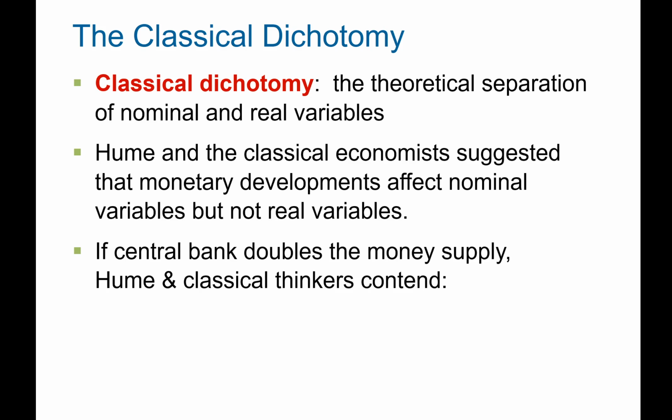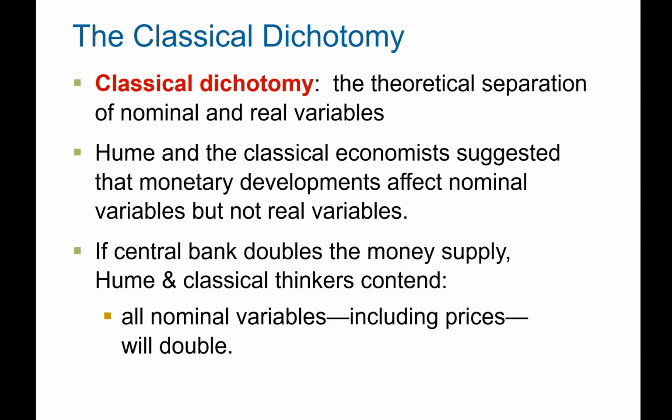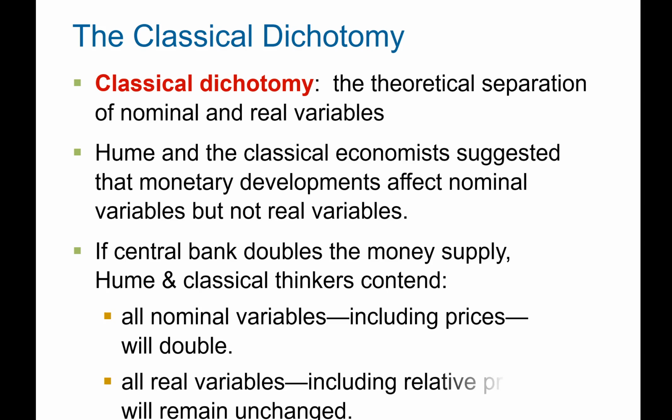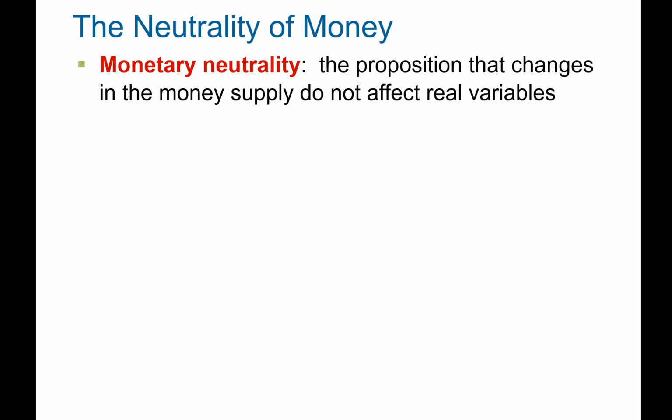So for example, if a central bank doubles the money supply, Hume and his fellow classical thinkers would contend that all nominal variables, including prices, will double. That's their assertion. And that all real variables, including relative prices, which are measured in physical units, are going to remain unchanged. And we have some practice in our homework this week that helps you to see that and practice it so it can make more sense to you.